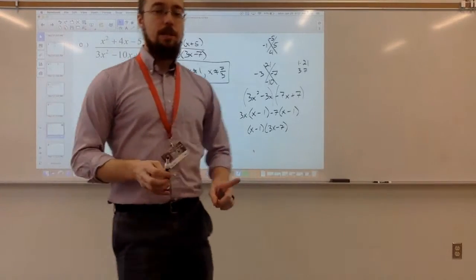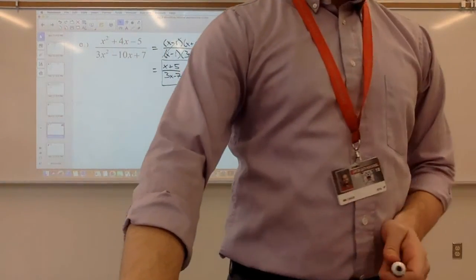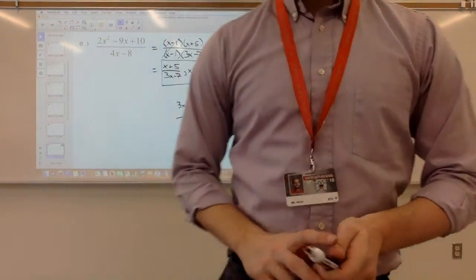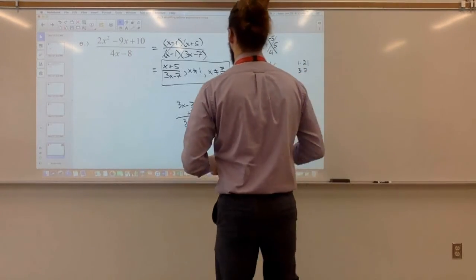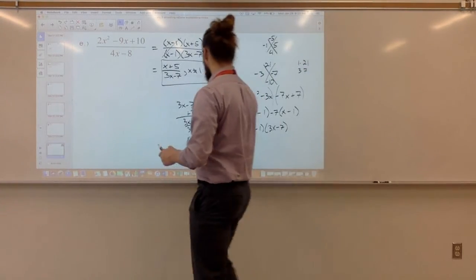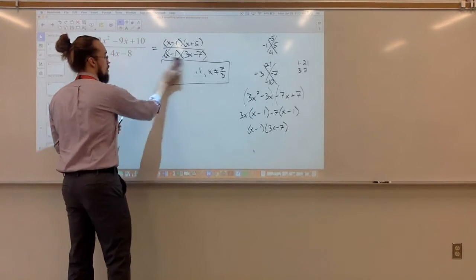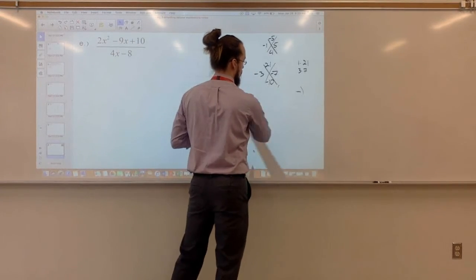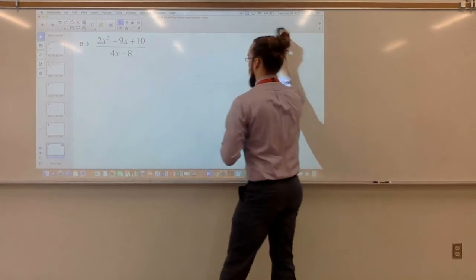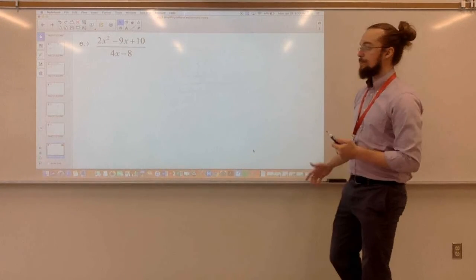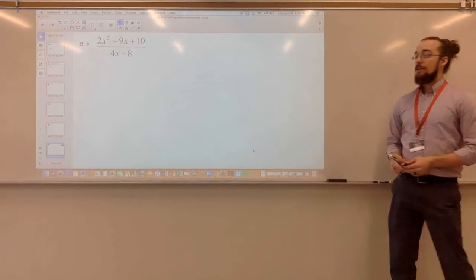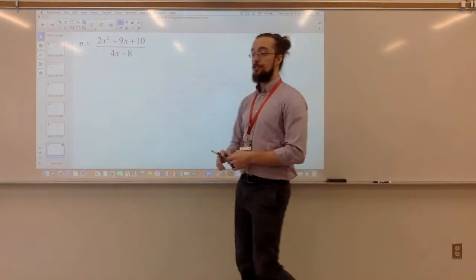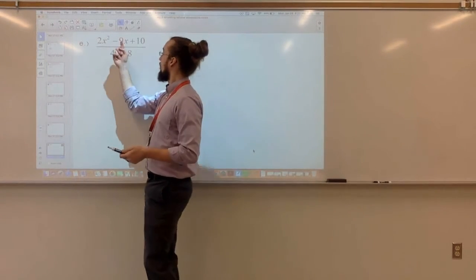All right. I'll do one more together. Let's jump to E. We'll skip D for now and take a look at E. On this one, again, we have to factor. In my numerator, let's look for a GCF. 2, negative 9, and 10.